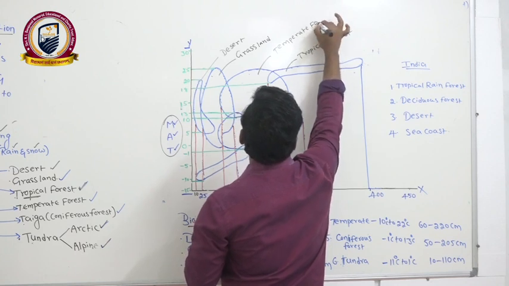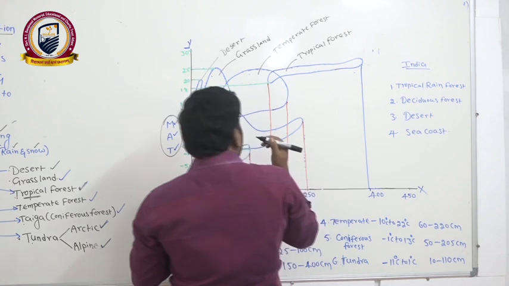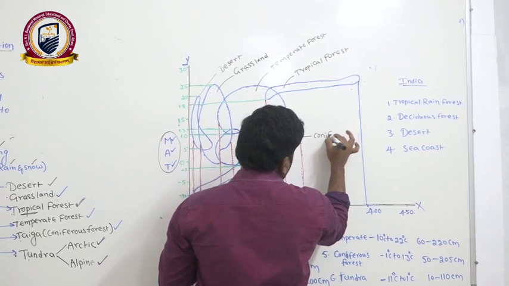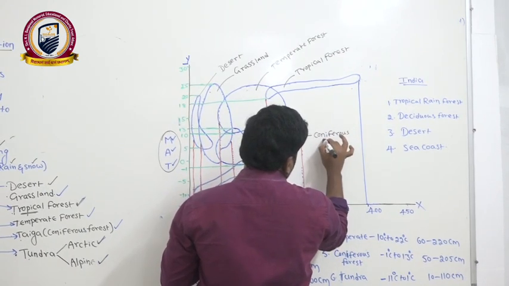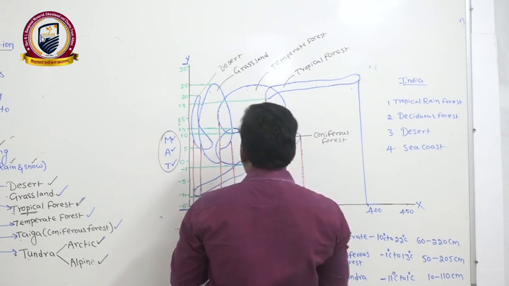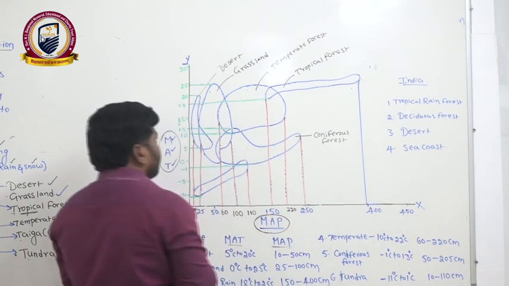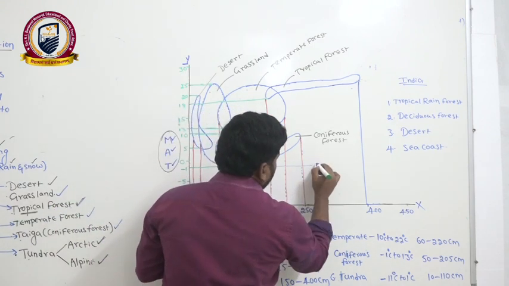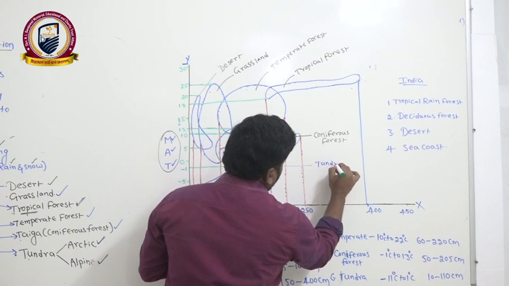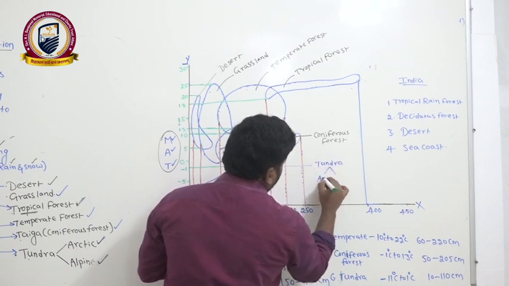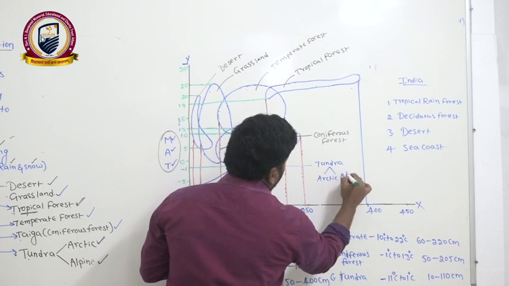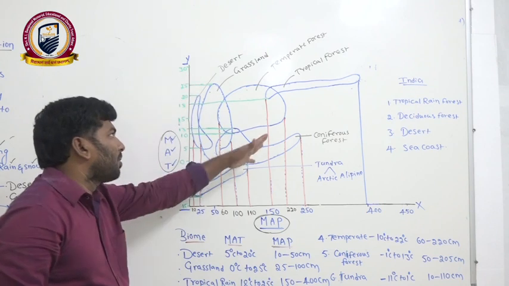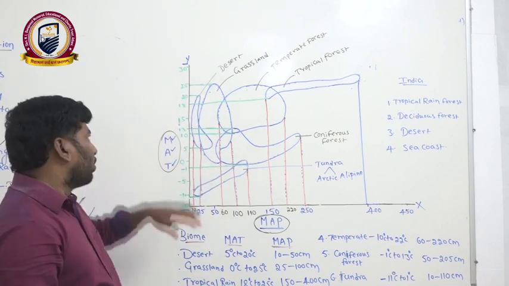Fifth one is coniferous forest. And the sixth one is tundra, whether arctic tundra or alpine tundra. Now we can see these 6 types of biomes which are given in our NCERT book.